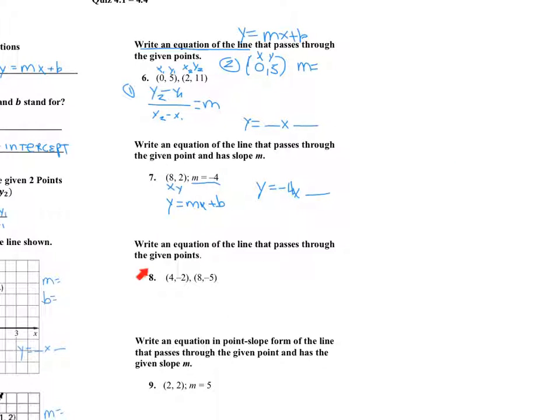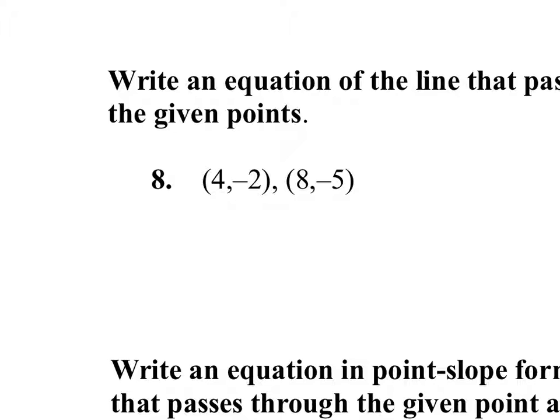Okay guys, now number 8 is just like number 6. So part 1, we have to find the slope, and then part 2, we're going to choose a point and plug it into y equals mx plus b to figure out the equation of the line. Okay, so here's your x1, y1, x2, y2.